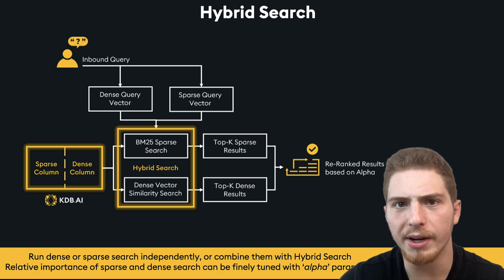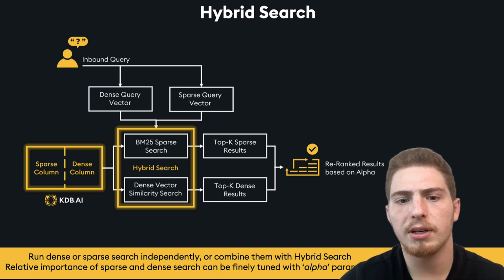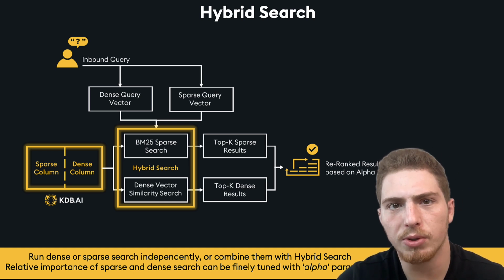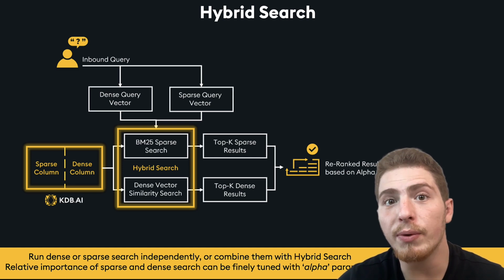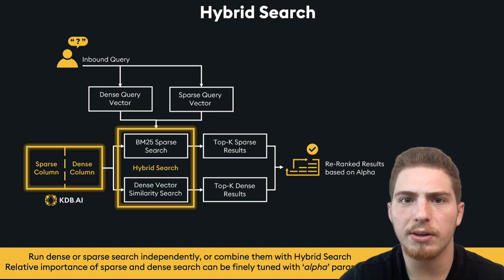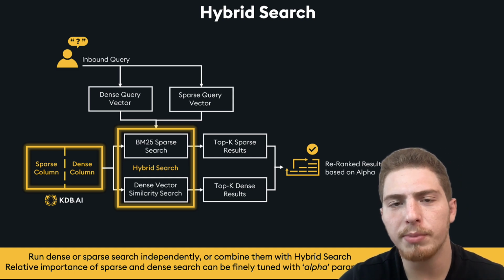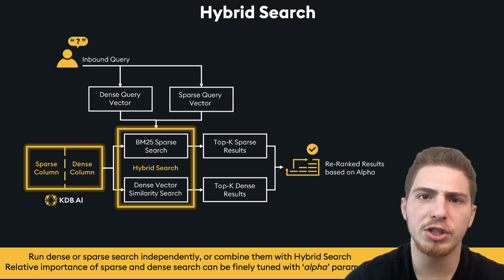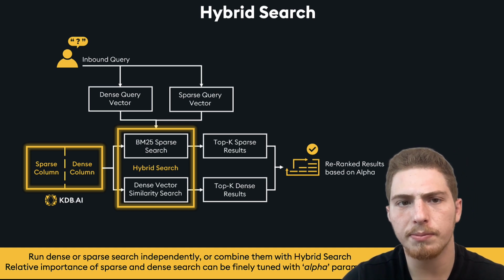So when we're doing re-ranking, another option is we could take the top K sparse results and the top K dense results, and we can re-rank with a re-ranker instead of using an alpha parameter. And a re-ranker will have a much better understanding of the relationship between the query and document vector.